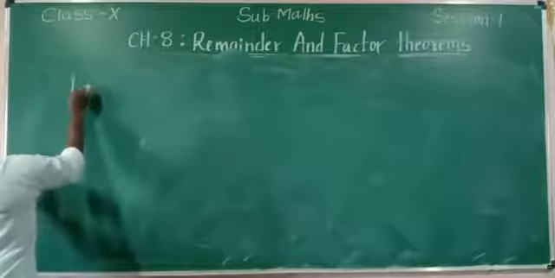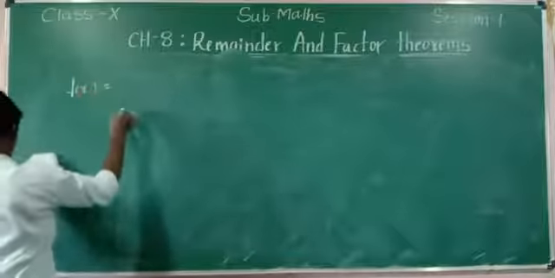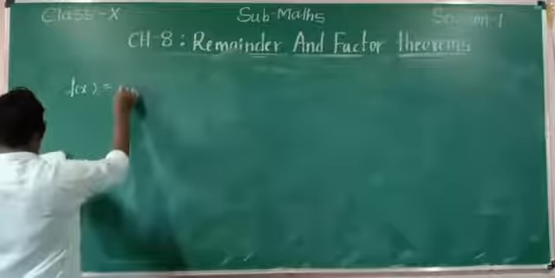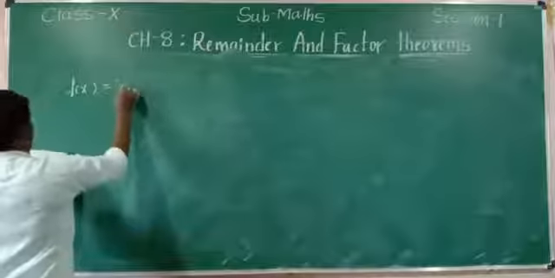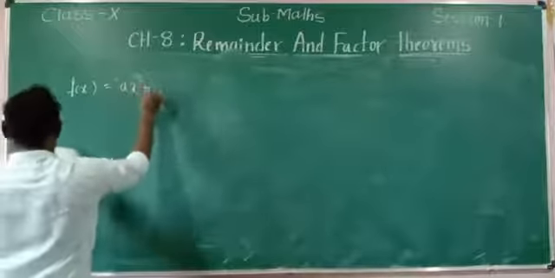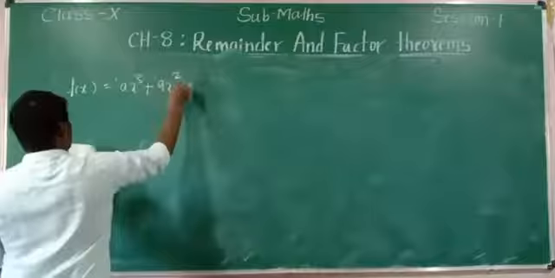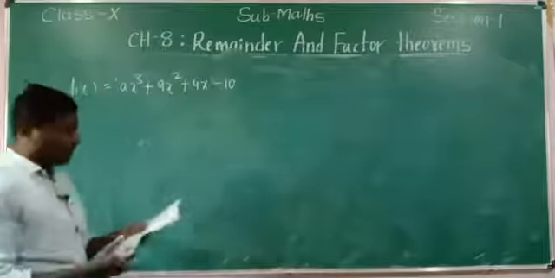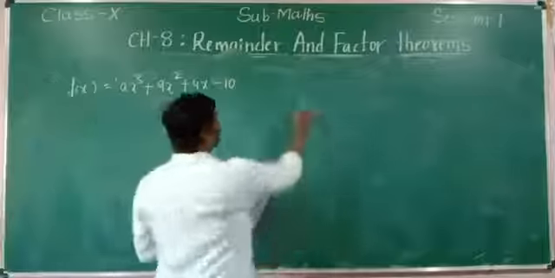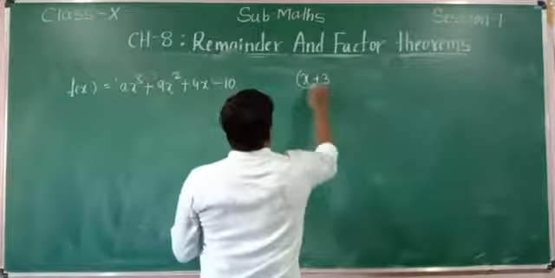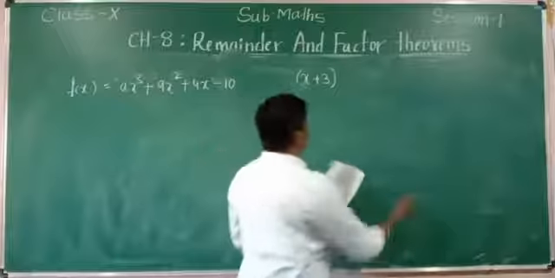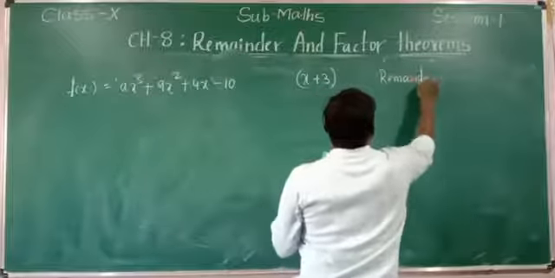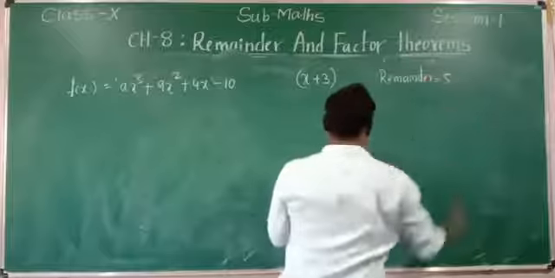So f of x is equal to, an expression is given here, f of x is equal to ax cube plus 9x square plus 4x minus 10, divided by x plus 3, leaves a remainder 5.